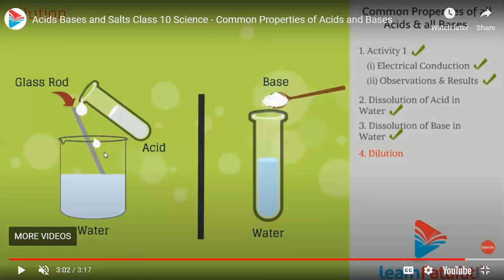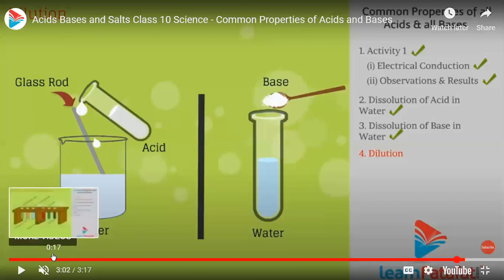Again, I'm saying acid is added to water drop by drop with constant stirring, and we do not add water to acid. Similarly, in case of base, we take water and then we add base to water, not water to base.